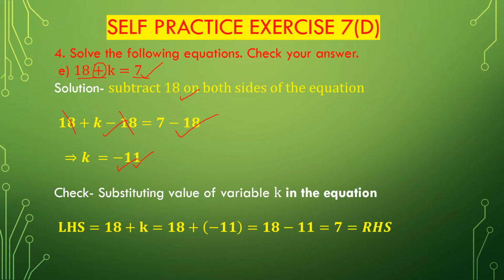Now we have to check this answer by substituting k equal to minus 11 in this equation, to see whether the left hand side is equal to the right hand side or not. So k का value है minus 11 हमको मिला, so substitute करेंगे k equal to minus 11 in this equation. 18 plus k equal to minus 7, 18 plus k is on the left hand side.